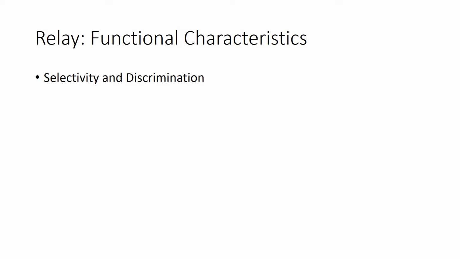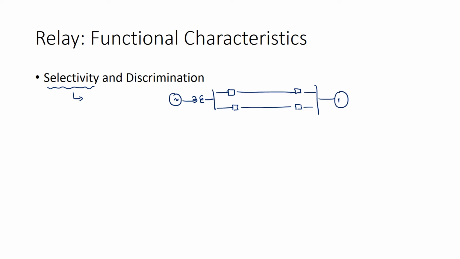These are two different things. First we discuss selectivity. Selectivity is the ability of the protective system to identify the faulty part correctly and disconnect that part without affecting the healthy part. If I take the previous example, this is a system having two transmission lines, connected with a pair of relays and circuit breakers, and there is a load over here.